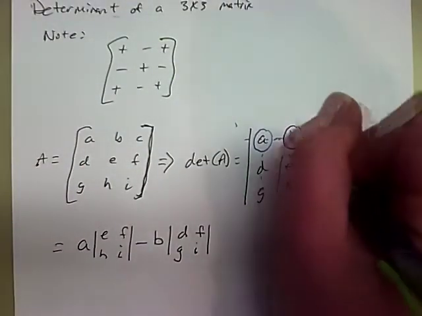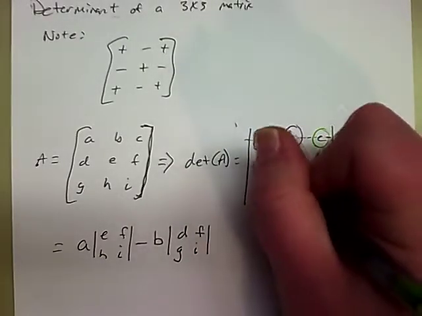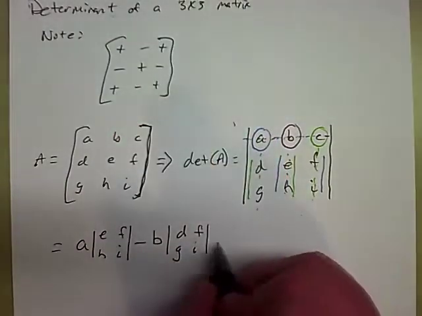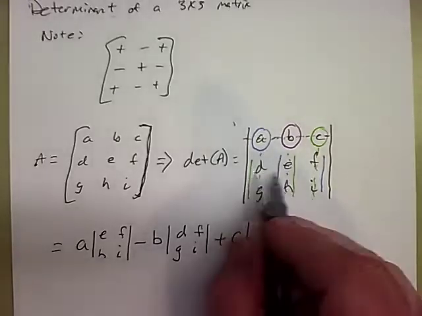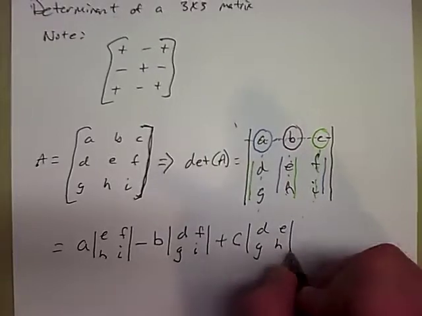I'm going to take out this top row, far right column, and use the determinant of the leftovers here. So same sign, plus C times the determinant D, E, G, H.